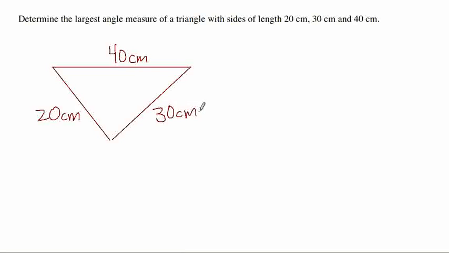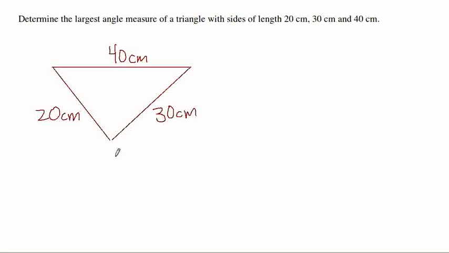If you didn't know that, you can still apply the law of cosines 3 times to get all the angle measures, and then you can see which one is the largest. But the largest angle measure will be the one that the side with length 40 centimeters is opposite.